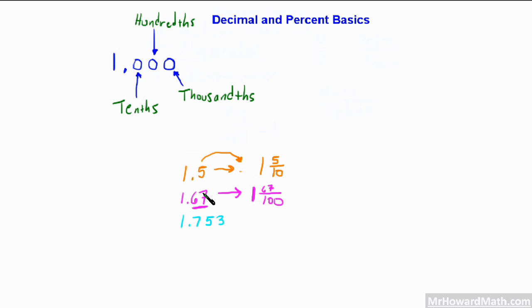When you say it as 1 and 67 hundredths, it's very easy to make this jump to convert that to a fraction form. Let's do our last one. 1 and 753 thousandths. So that would be 1 and 753 over 1000.